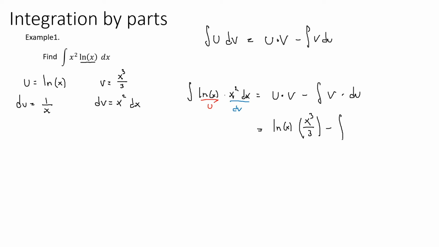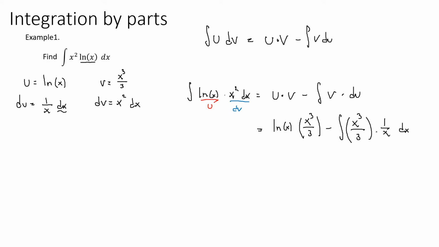Once again, integral of v, so it'll be x to the third over 3. And du in this case was 1 over x dx. Don't forget, when you take the derivative of u, you should have had dx there.